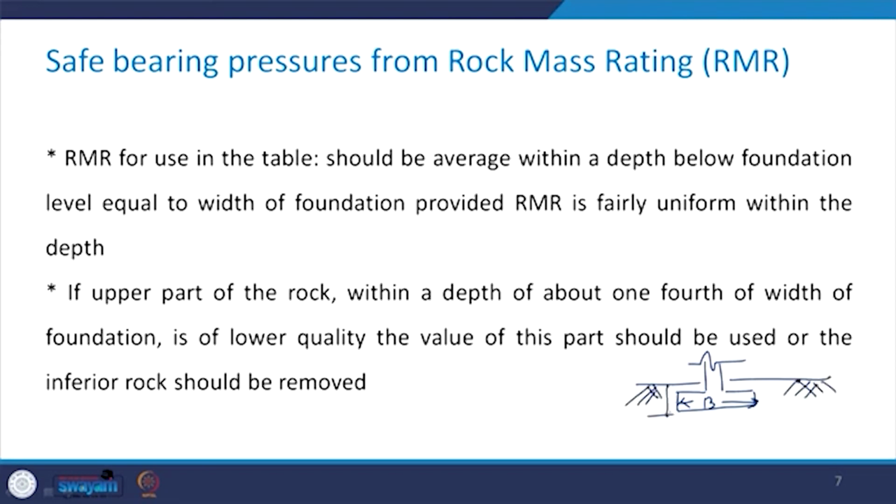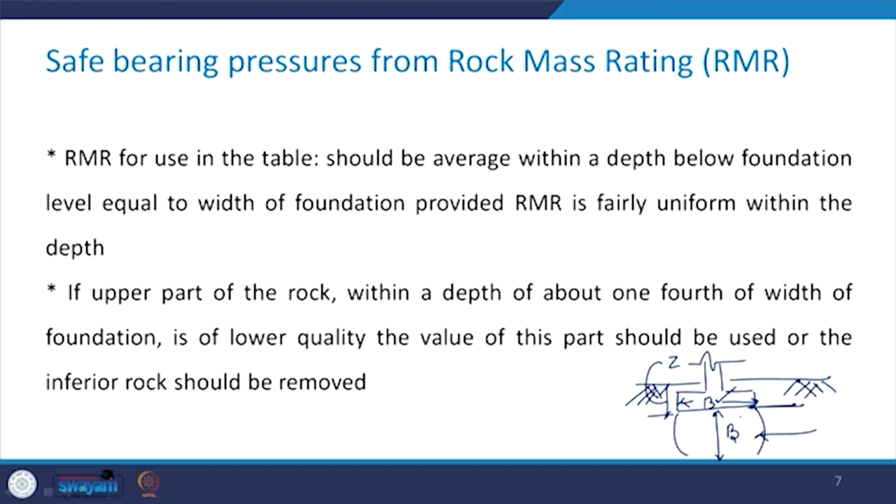From this level we go down to a depth equal to the width of the footing, and then we get the value of average RMR in this zone, and use that value of RMR in the table to get these safe bearing pressures.